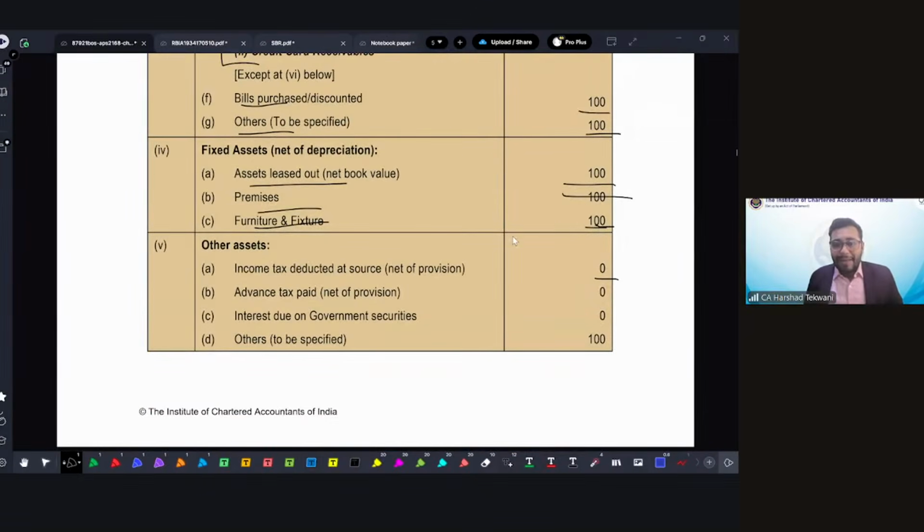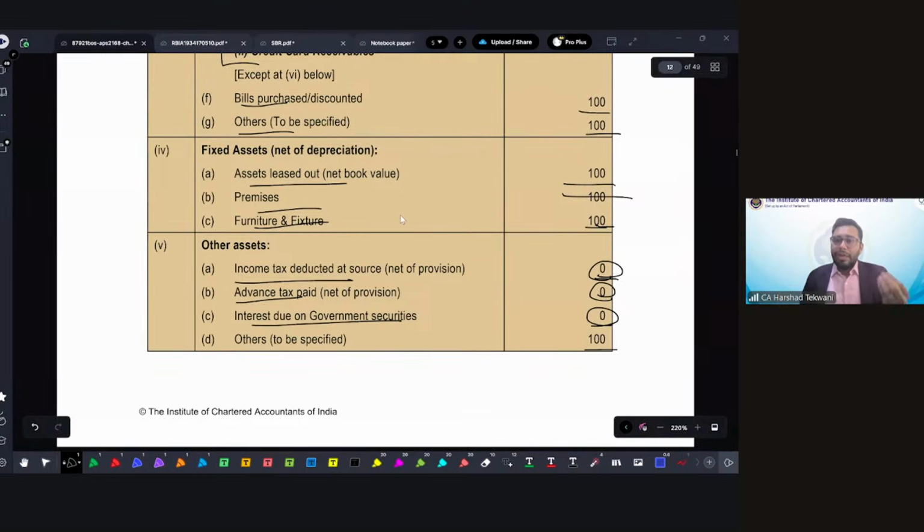Advance tax. Now there is no risk in the tax because you have to pay the tax. TDS, you have to pay the TDS. So it's zero. Interest due on government securities, meaning interest on central government securities, zero. Others again 100. So there are a few items whose name itself suggests that you have to apply zero risk.